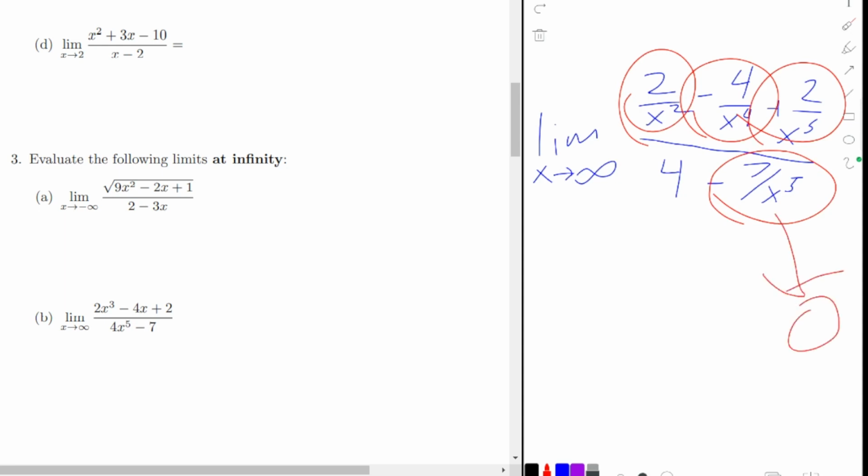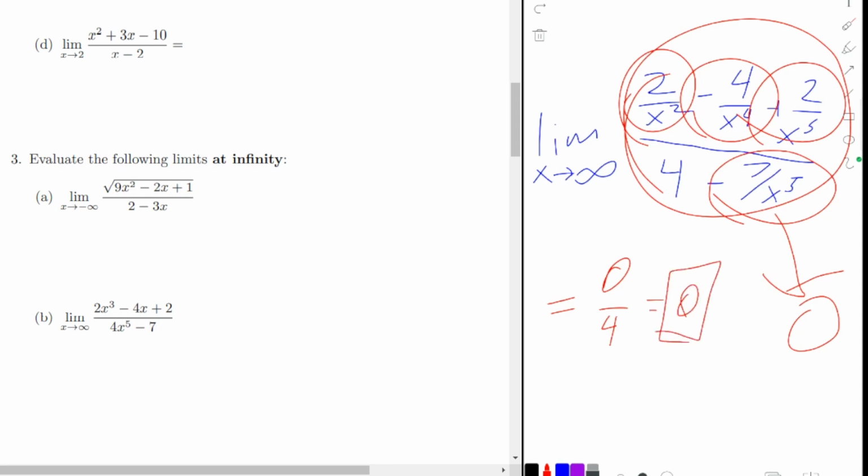So this whole thing, sorry, we don't need to write the limit as x goes to infinity once we've actually evaluated the limit, will be 0 over 4, or 0. Okay? So the answers to this one were 1 and 0.